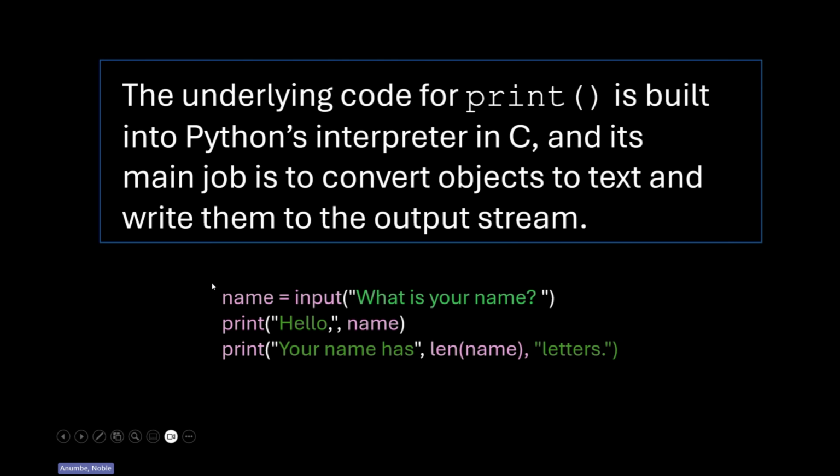So this is an example of what we have here. I have a variable name, and I have input. Input essentially is just going to throw up, this is another function right here. So it makes a call to input. Input will do what it does, and then it will pop up what is your name to the user. And then the user will type in their name, and then you now use your print function.